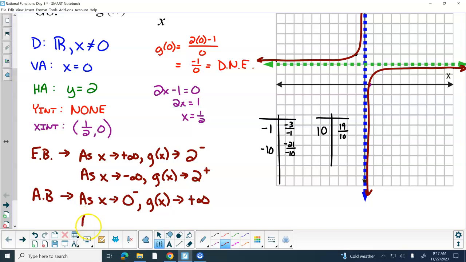And as x is approaching 0 from the right, my function is approaching negative infinity, getting closer and closer to the blue line on the right side. It's going down. Questions, comments, concerns, clarifications?